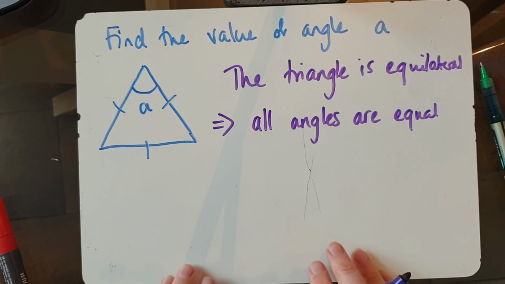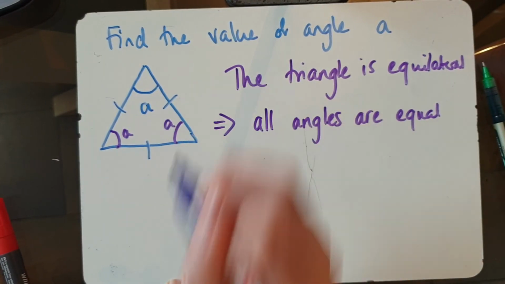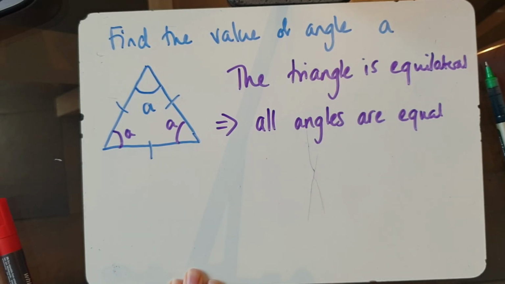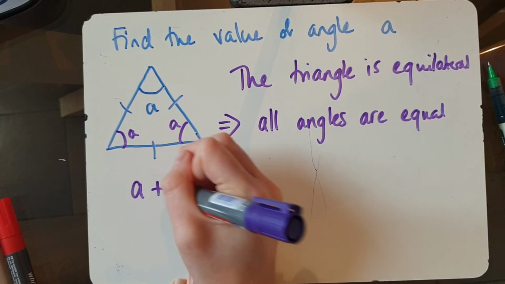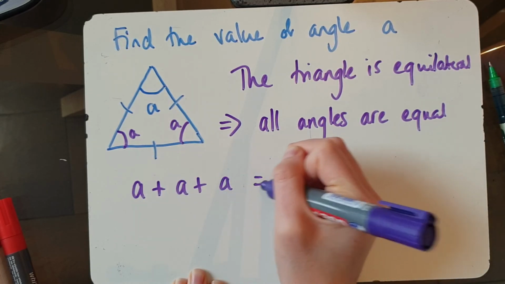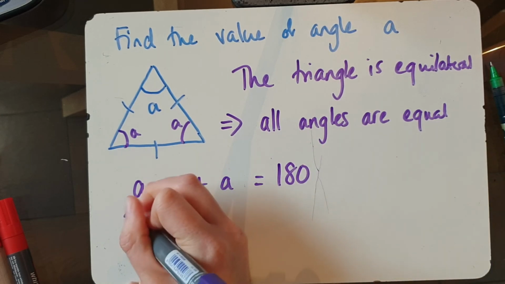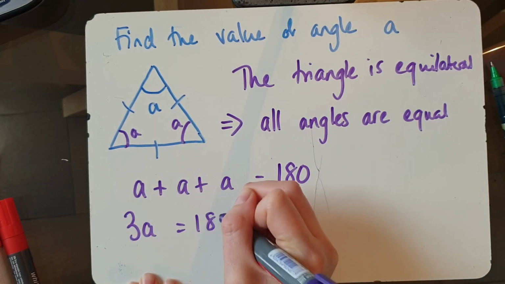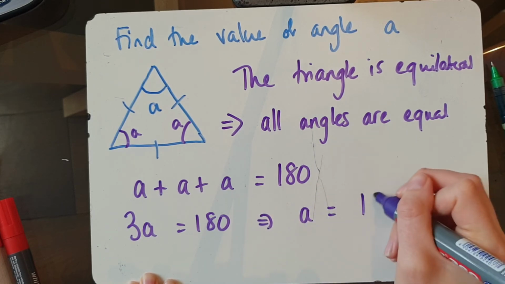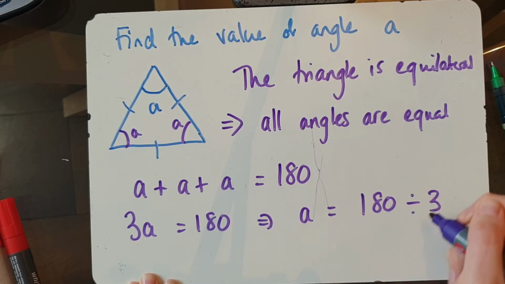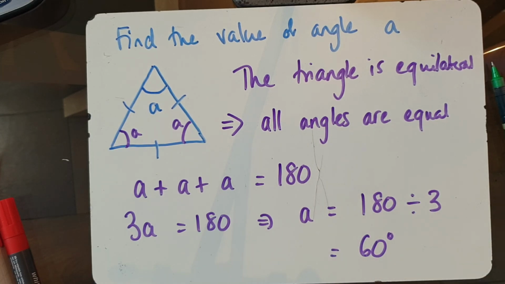If all angles are equal, then this one and this one must be A as well. So the angles in the triangle are A plus A plus A, and that equals 180 degrees. So 3A equals 180 degrees, which means that A equals 180 divided by 3, so it is 60 degrees.